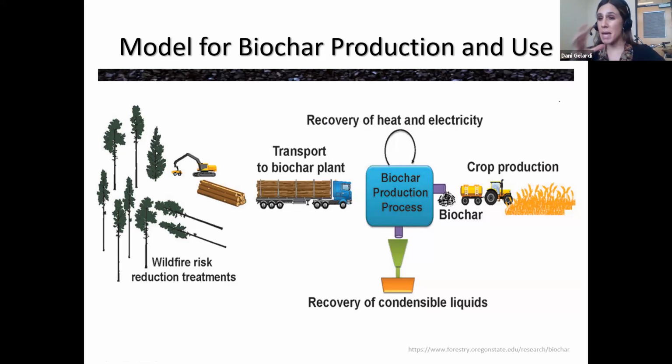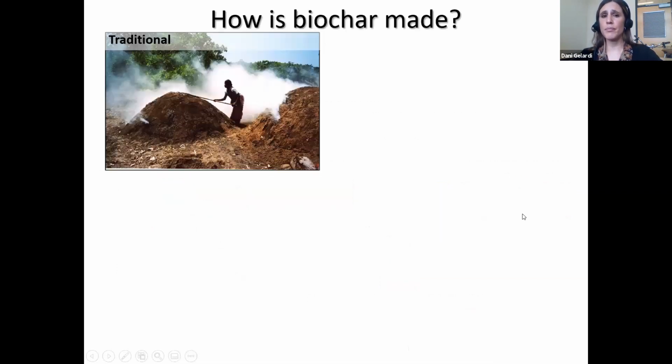In the process of making the biochar, a lot of gaseous volatiles are released, which can then be captured and used as a renewable fuel called syngas. And then the solid that's left over is biochar, which can be added to agricultural soils. And you can make biochar a lot of different ways. So traditionally, they use something called earth mound kilns or pit kilns.